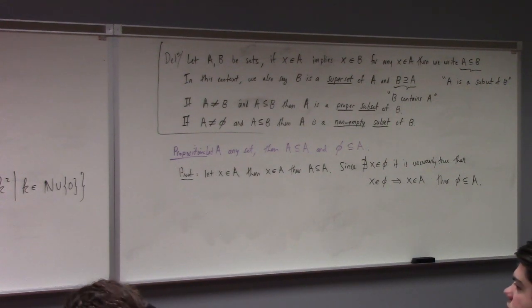All right. So then if we assume this, then what? Check it out. If X is an element of A, that implies X is an element of B, right? And also if X is an element of B, that implies X is an element of A, right?